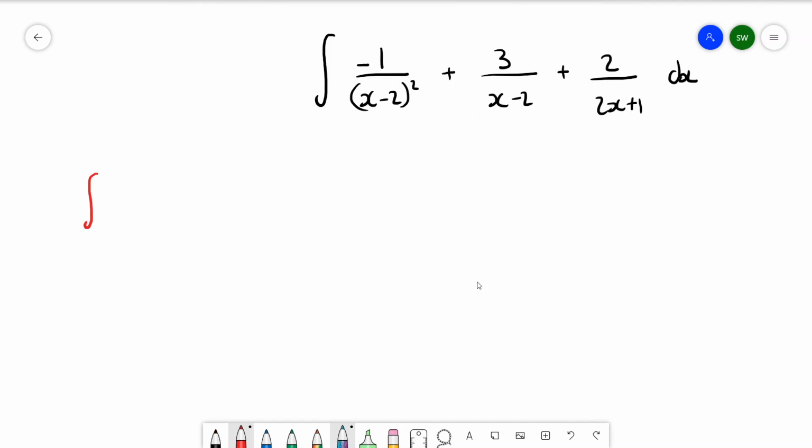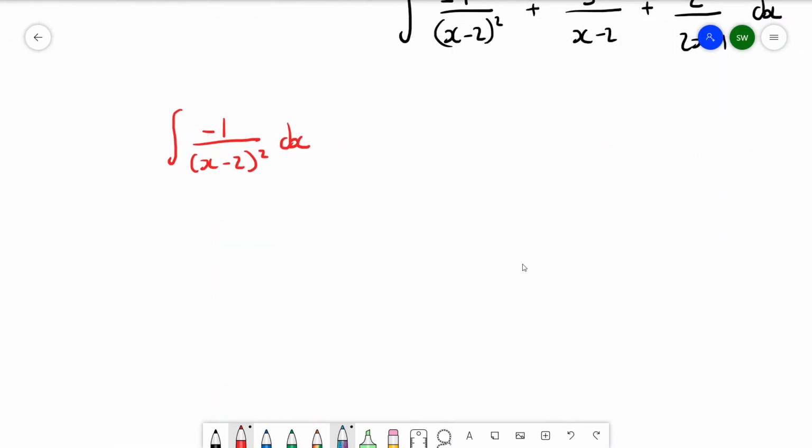So let's look at each term separately, and we're going to split this up into three integrals. First of all, let's look at the integral of minus 1 over x minus 2 squared. So the substitution that we're going to use here is the part inside the bracket. So we're going to let u equal x minus 2. And if we do that, we're going to have the integral of minus 1 over u squared. And we need to replace dx with du. Well, here we've got that du is equal to dx. So that's just du.